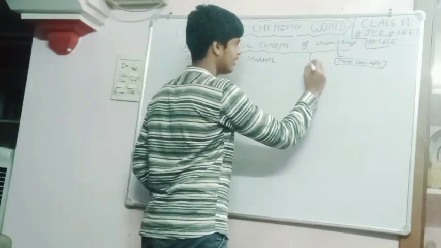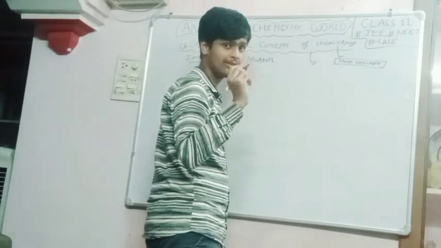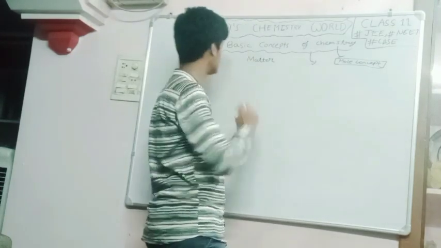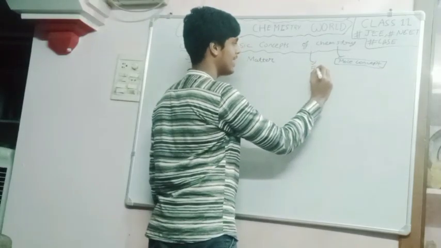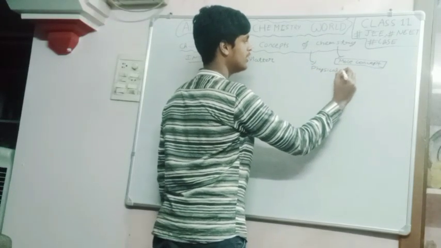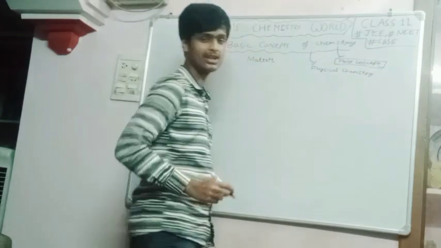Since it deals with calculations, the subject of chemistry which deals with calculations is always called physical chemistry. So this chapter also comes under the category of physical chemistry. Okay, this is a part of physical chemistry.